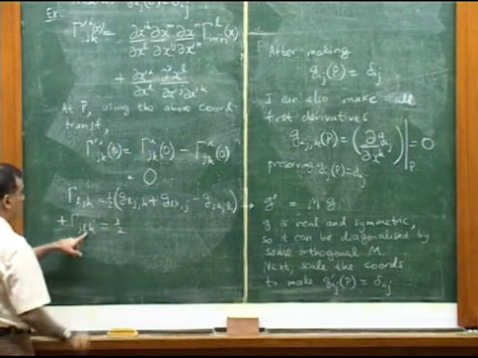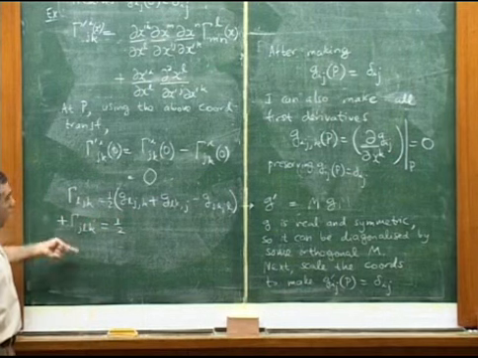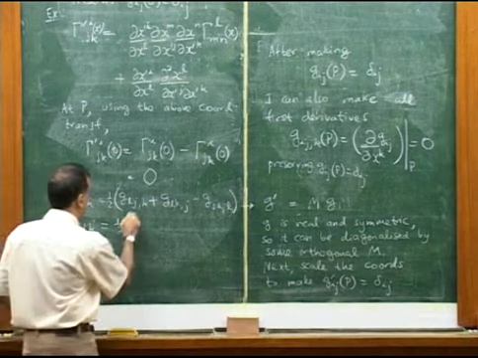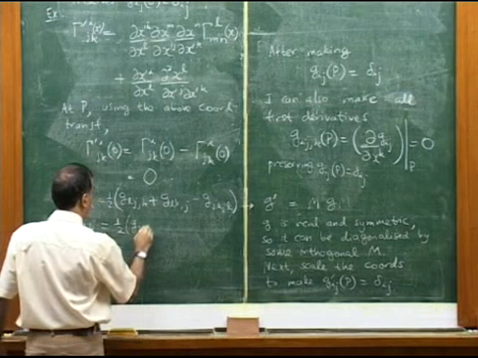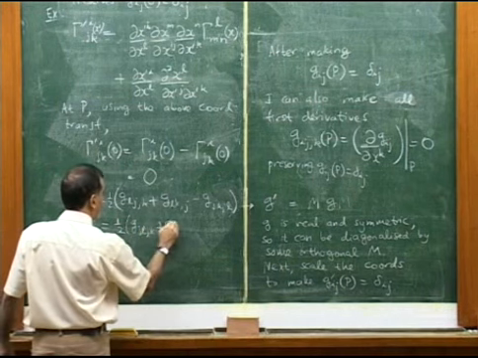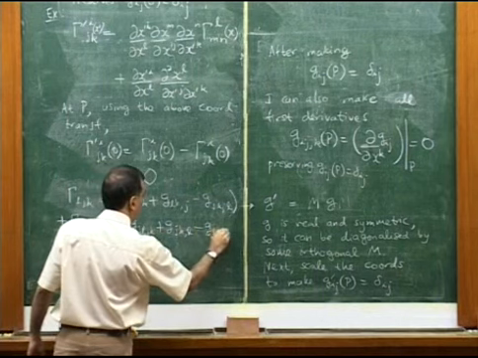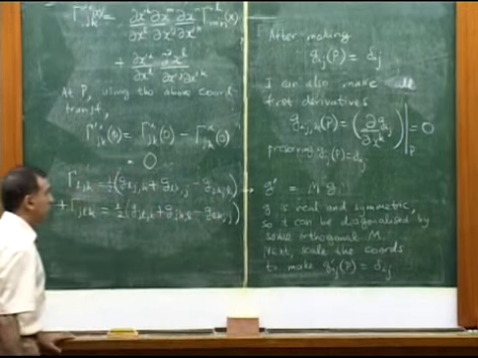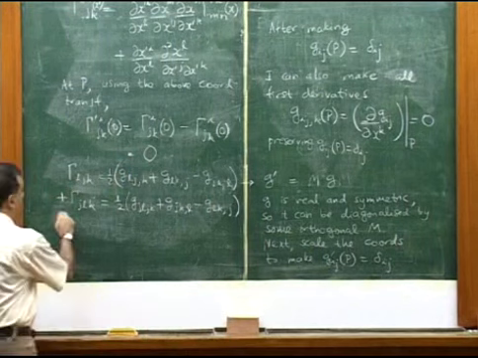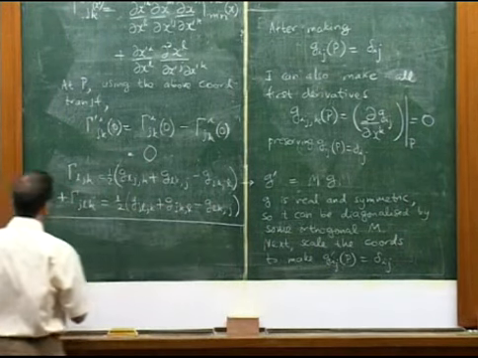I just commute the first two indices and add up the two. So I get, okay. Now I add both sides of the equation.